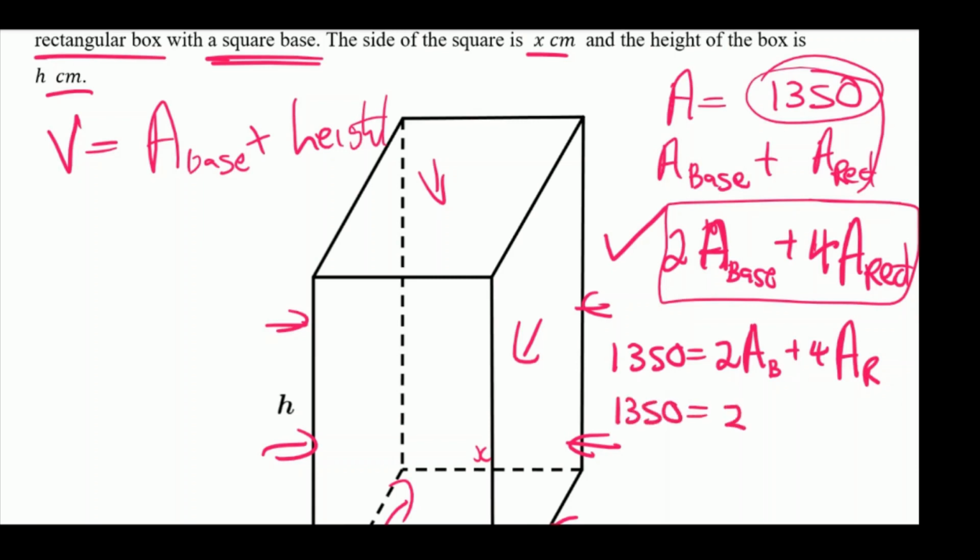So 1350 is equal to 2. What is the base? Base is x, right? We were told that the base has x, and it is square, so it's a square base. So it's going to be x, which is the length, times the breadth of the base, which is x, right?